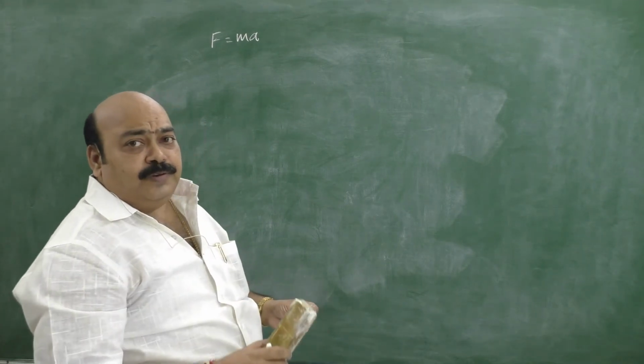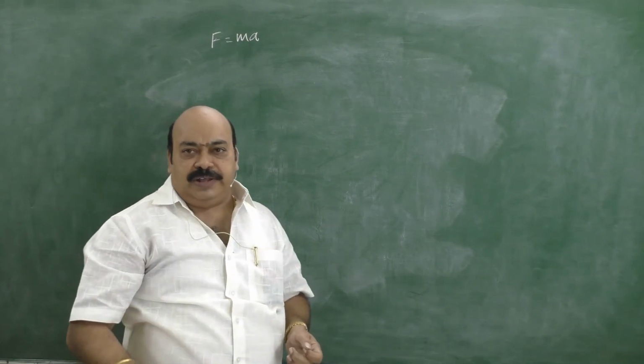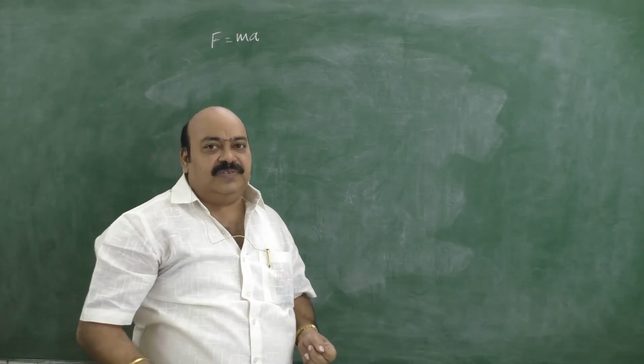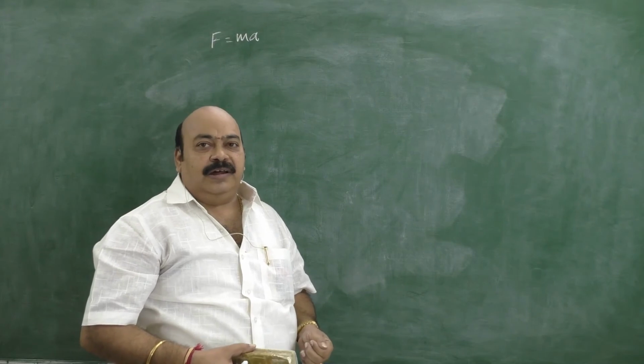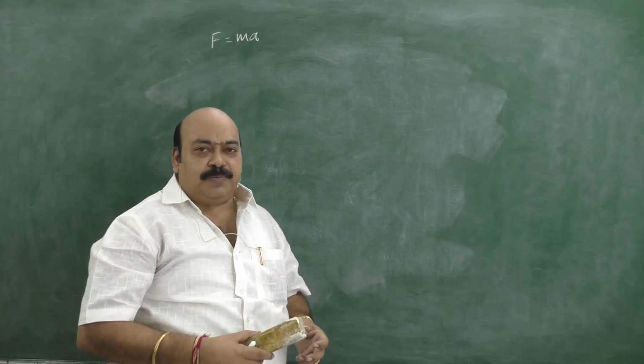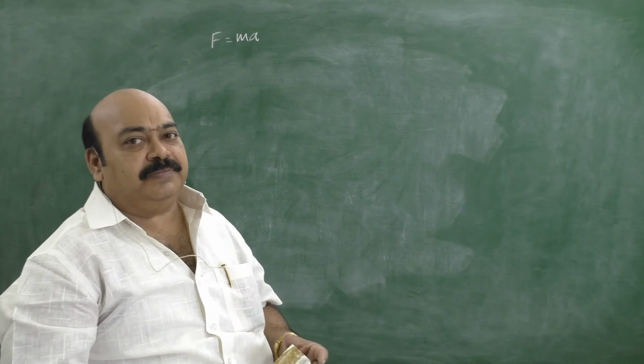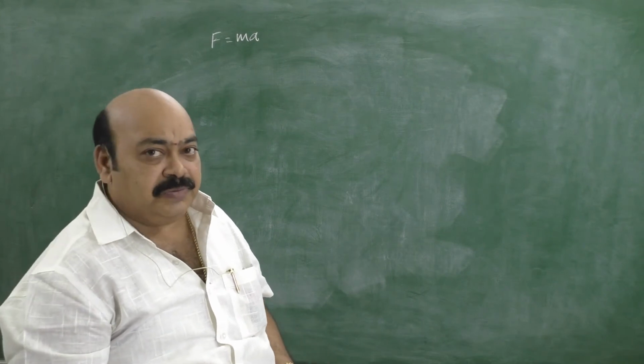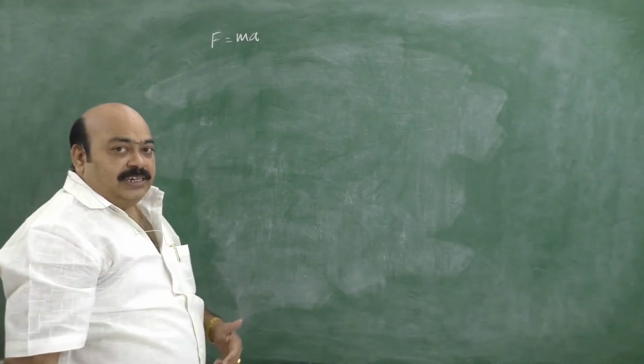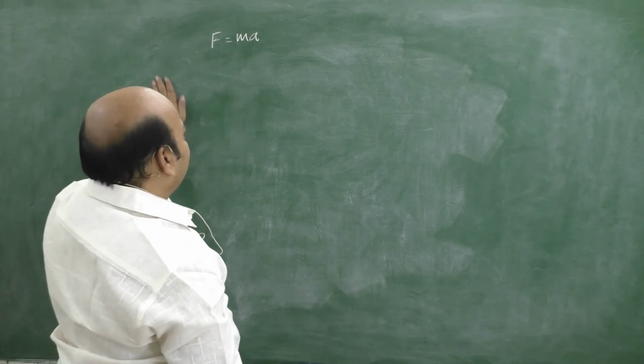Then we observe so many cases where the velocity is varying. Now my question is, is there a possibility for variation of mass with time? For that you have to refer to this one. See, F is equal to ma.